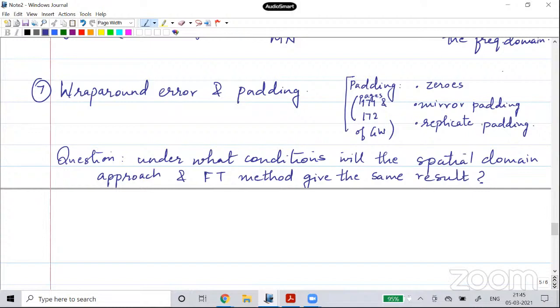There are a number of things to be said about this, but the short answer is that you will get the same result if you apply padding to the original image.